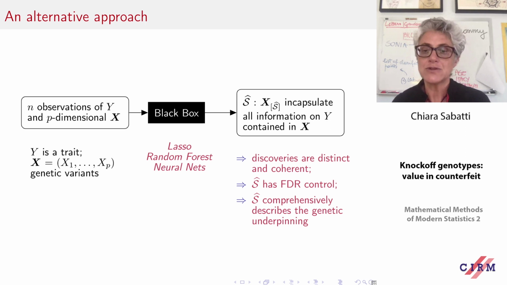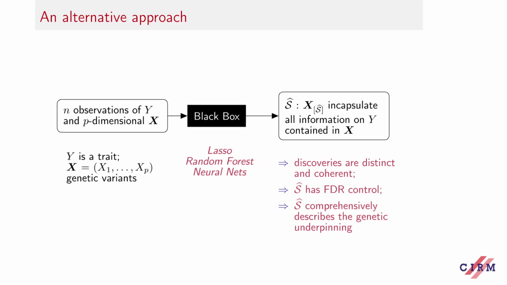So what I want to propose to you is an alternative approach, where we'll take the same data and try to get an output that corresponds to the desire of the geneticist. But instead of using these univariate models, we're going to really leverage the modern machine learning approach.